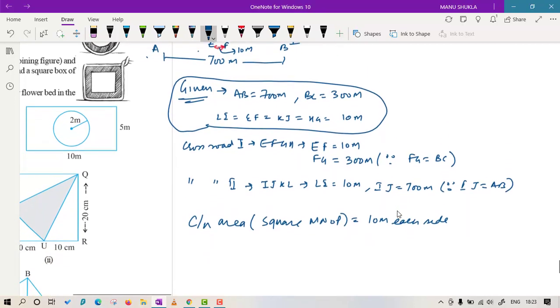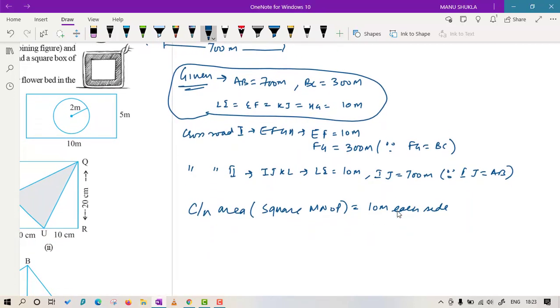So now comes the main problem statement. We will write area of crossroads is given by area of first crossroad, that is EFGH, plus area of second road, that is IJKL. But if you observe in these two areas, we had counted the common portion 2 times.